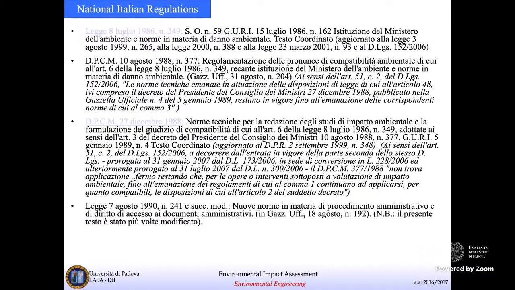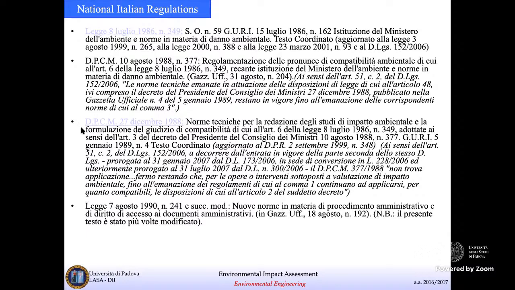Now, I show you some slides that should act as a kind of notebook for the Italian students, in which I list the very enormous amount of Italian legislation that followed the implementation of the European directives. As I told you, the first one is 1986 349, but it is the Ministry of Environment.